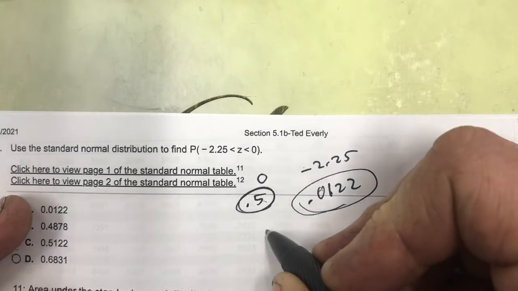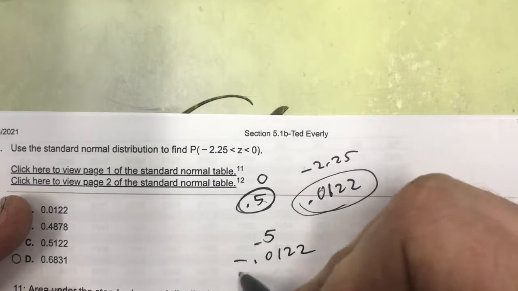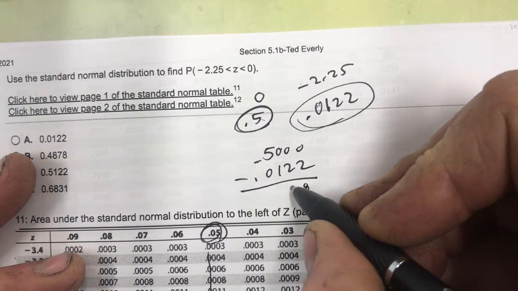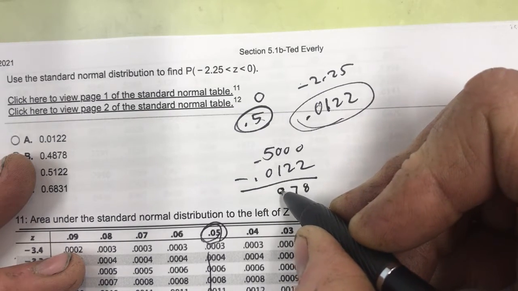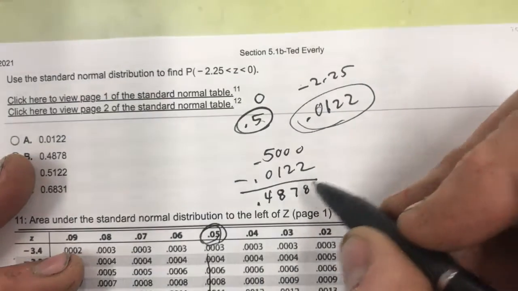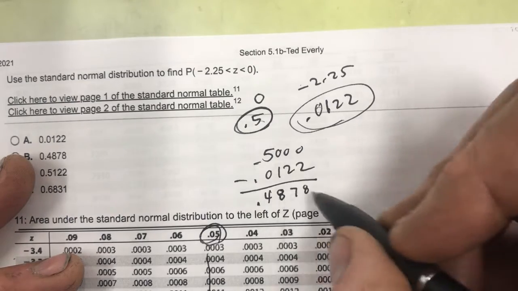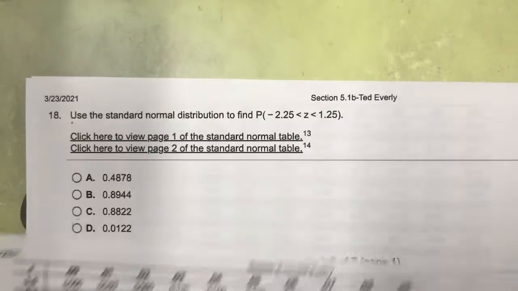So now subtract them: 0.5 minus 0.0122 is 0.4878. And look here, we got it.